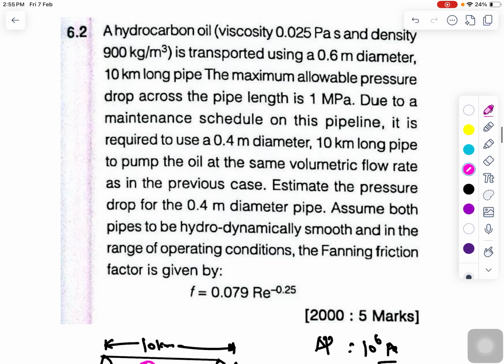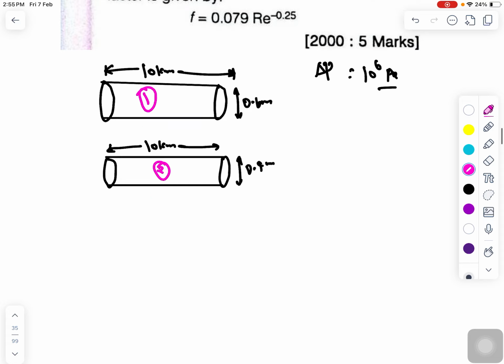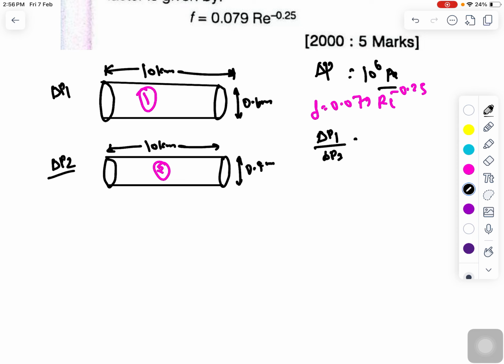The pipe is hydrodynamically smooth and the Fanning friction factor is given as f equals 0.079 into Re to the power minus 0.25. So you have to calculate the pressure drop here and the pressure drop here. What is the ratio of delta P1 divided by delta P2?